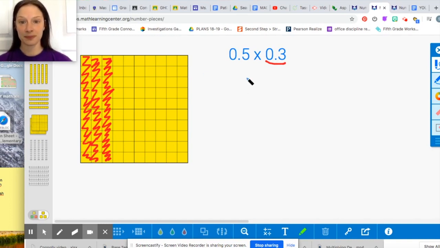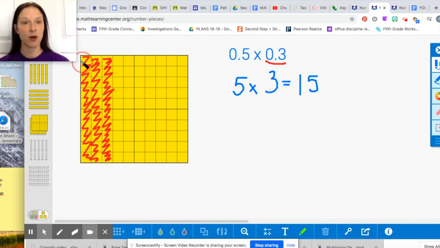Another thing I'm thinking about is I know 5 times 3 with whole numbers is 15. So I'm going to be thinking about how much smaller each factor got and how much smaller my product needs to get. But I'm also going to represent, because this is new to us. I'm going to take 5/10, and I don't own this piece of the 10th. This is my second 10th. Again, I don't own that to begin with. 3/10, 4/10, 5/10.